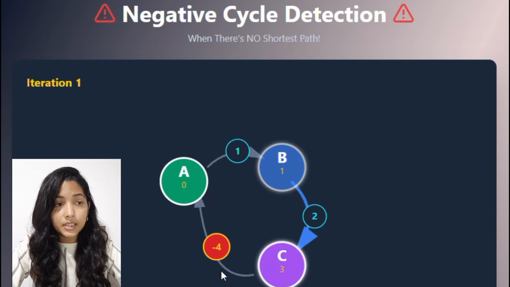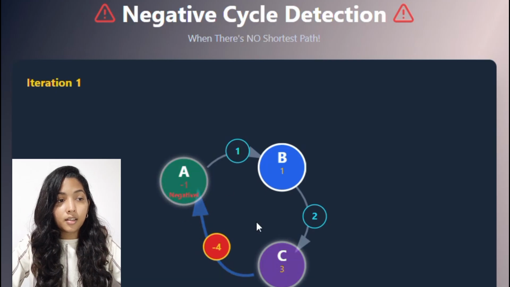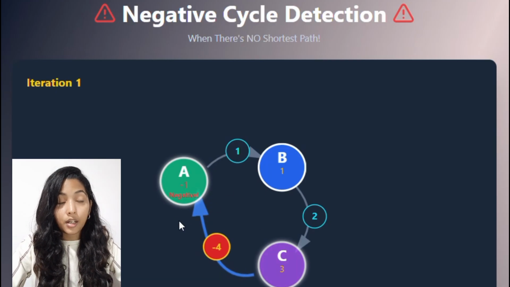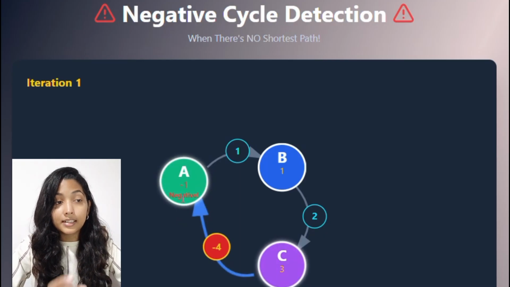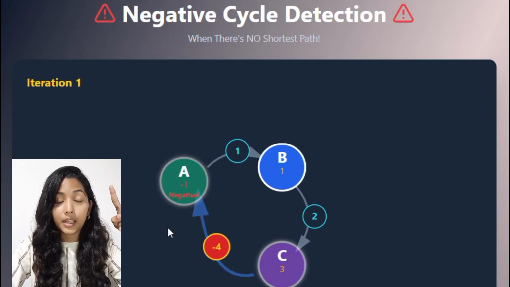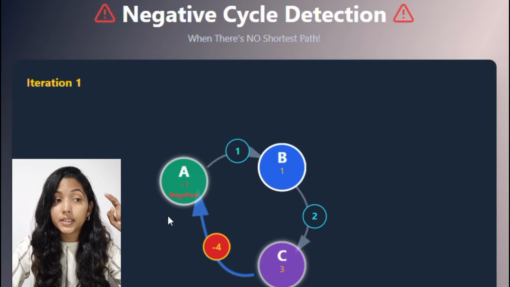We have to update A from 0 to -1. So A was our source. It was 0 and now it is -1. This is our first clue something is wrong. By going around the cycle A to B, B to C and C to A, we found a better path back to where we started.